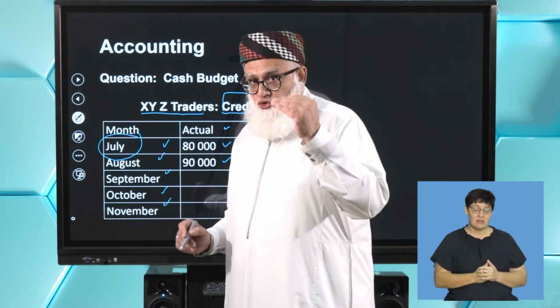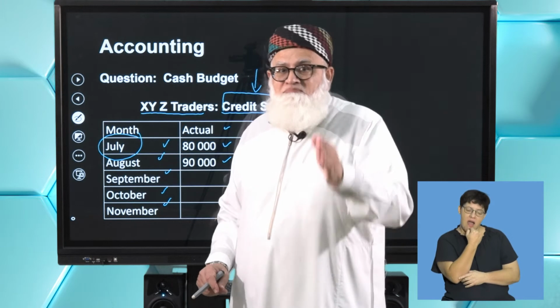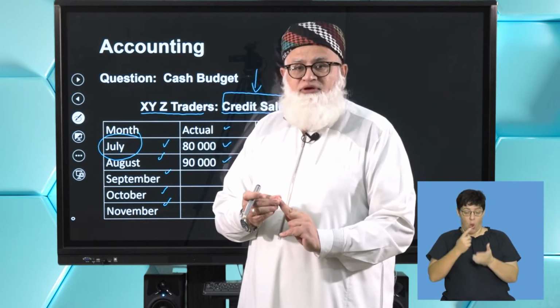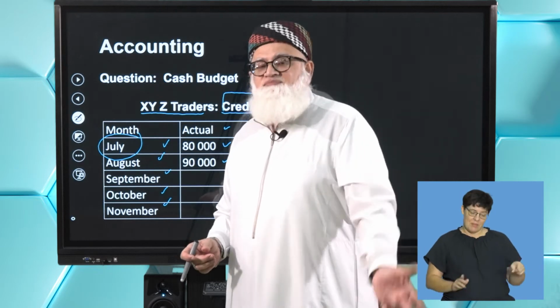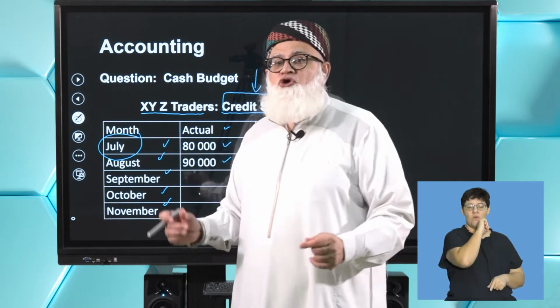And that is why it's important that when you're drawing up your table, you cater for all the months that will impact on your budget period. Your budget period is definitely September, October, November, without doubt. But in terms of what will impact on the budget, it's not only September, October, and November, but there are other months that will also impact on your budget period.